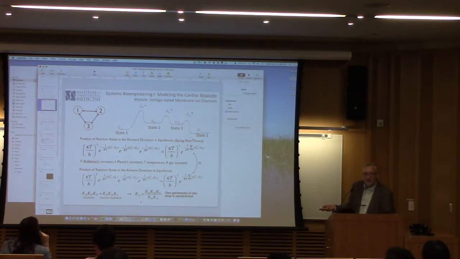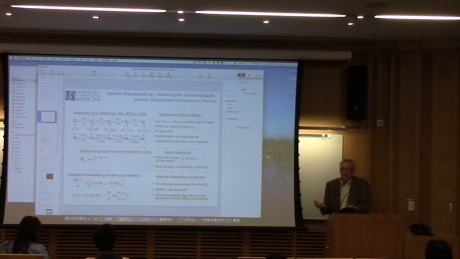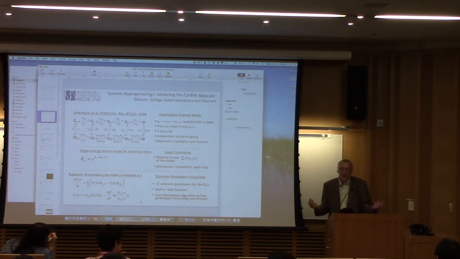So microscopic reversibility allows us to constrain, for each loop, one of the unknown parameters. In our model, we have 4 loops, so we apply this principle 4 times, and thereby obtain 4 constraints on unknown transition rates K.